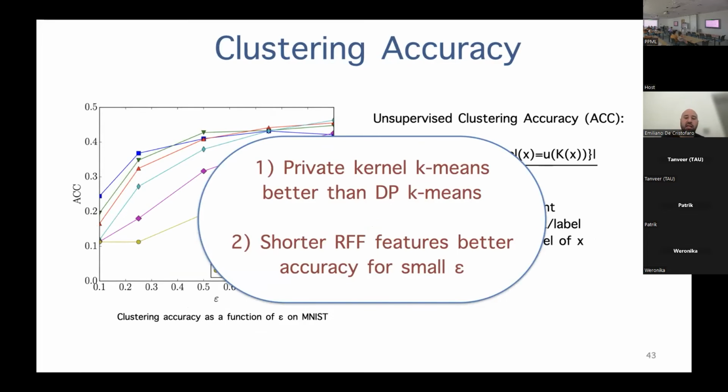We also discovered that shorter RFF features provide better accuracy, especially for small epsilon values, which means higher privacy.